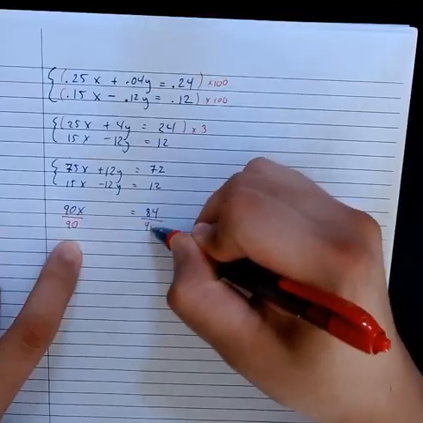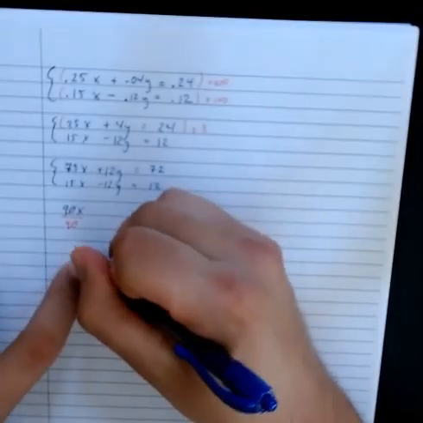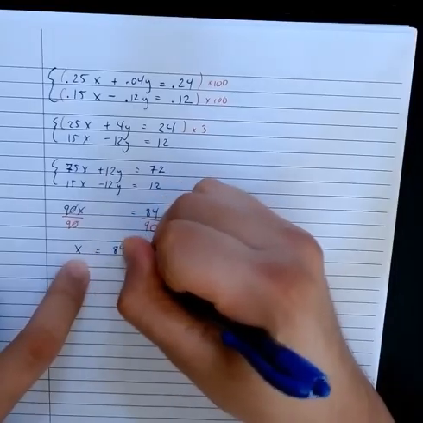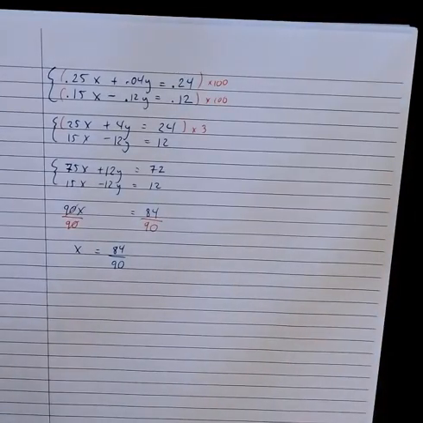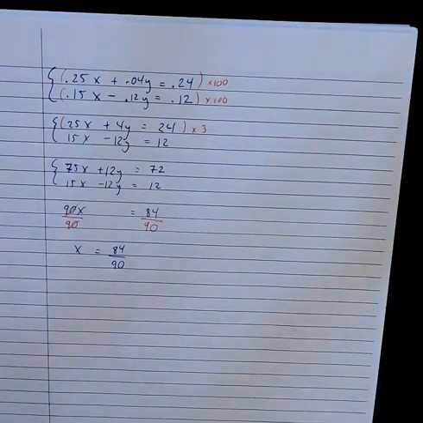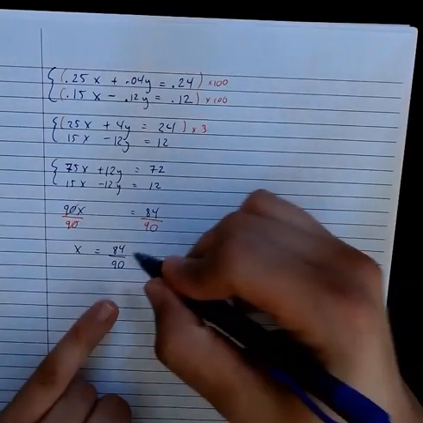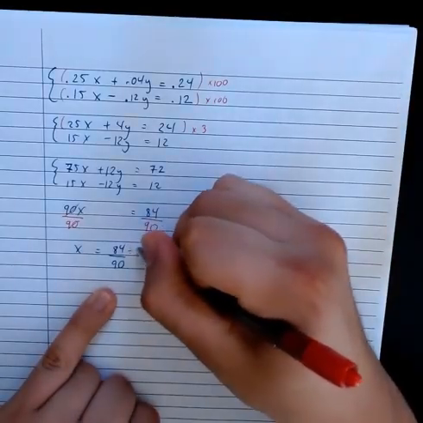Here I can divide both sides by 90. That part's gone. And I'm left with x is equal to 84 over 90. Now, I should reduce this because I'm not done. I need to plug this in and get the y component of my solution. And the nicer number I have, the easier time I'll have. So I can divide both of these by their common factor, 6.